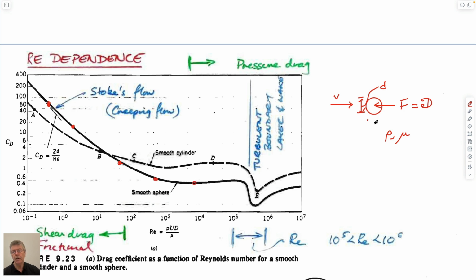Because this coefficient of drag is equal to squirrely d over, I think it keeps the half rho v squared A in it. So I think A would be some characteristic dimension, so it would be pi d squared upon 4.